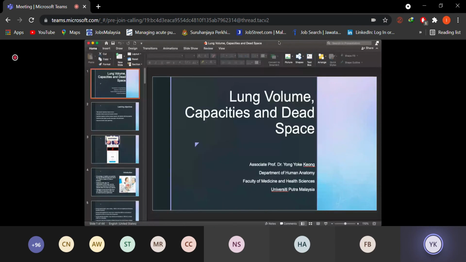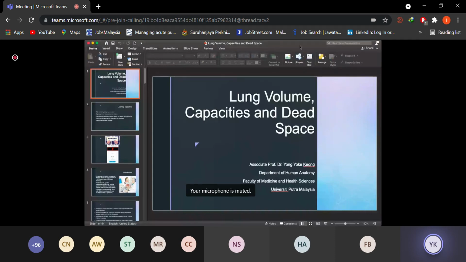Like today we learned about oxygen, then the next day lung volume, followed by carbon dioxide transport, which would be separated and cannot be linked anymore. So I will continue with lung volume.